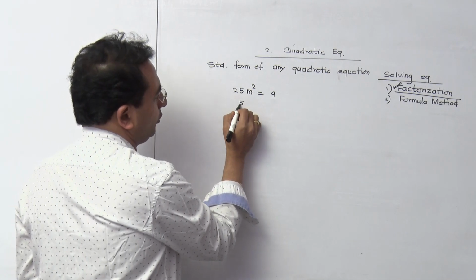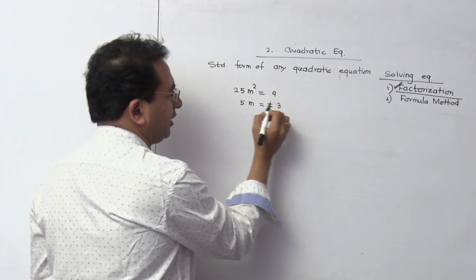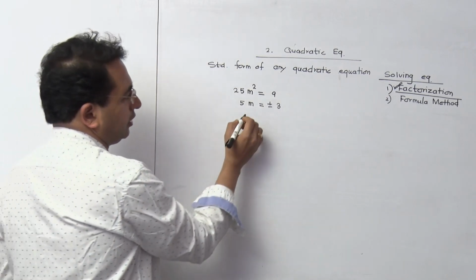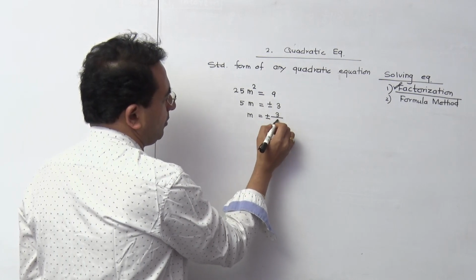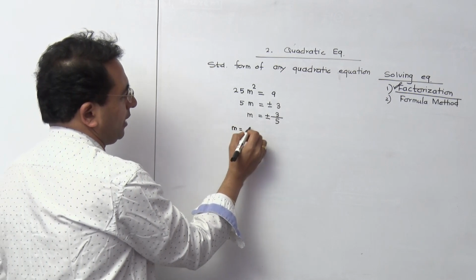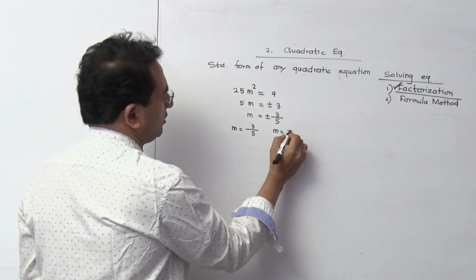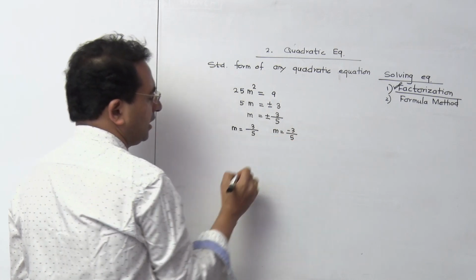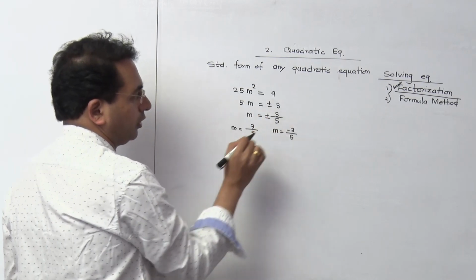This one is going to be 5m. Here you can write plus or minus 3. Correct? So m is equal to plus or minus 3 by 5. So you are going to get two answers for m. One is 3 by 5 and the other is minus 3 by 5. Basically, these answers are right, but the method is wrong.